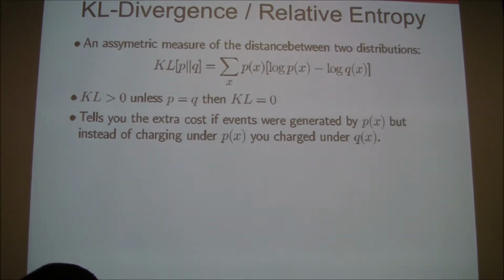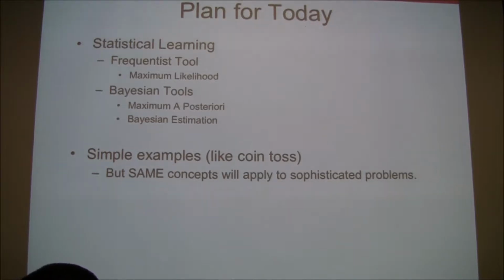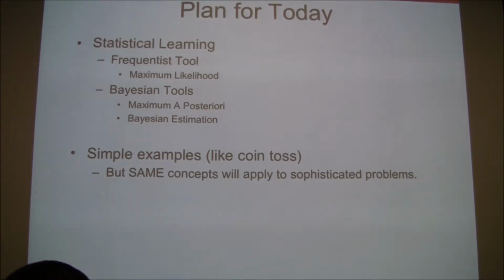So the plan today is to look at a toy problem, but go through maximum likelihood estimation, maximum a posteriori estimation, and Bayesian estimation if we have time. We'll go through a whole range of estimators for essentially a toy problem, but those same ideas will apply when it's no longer a toy. Any questions about last time or the homework or anything?